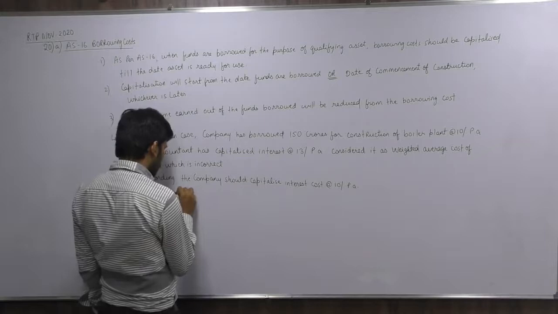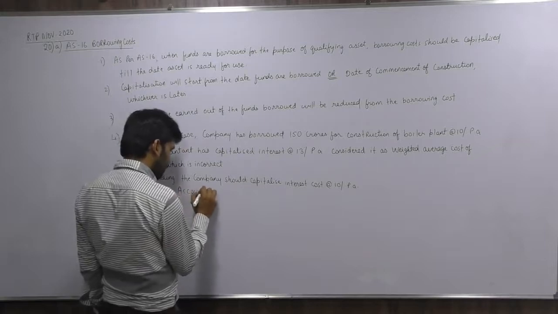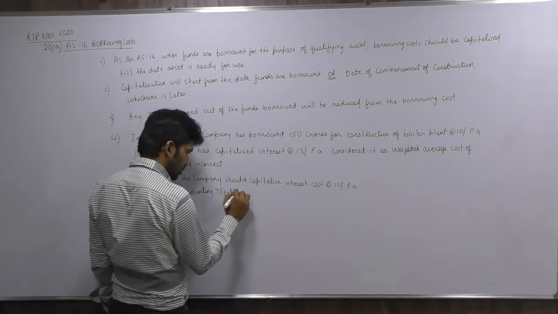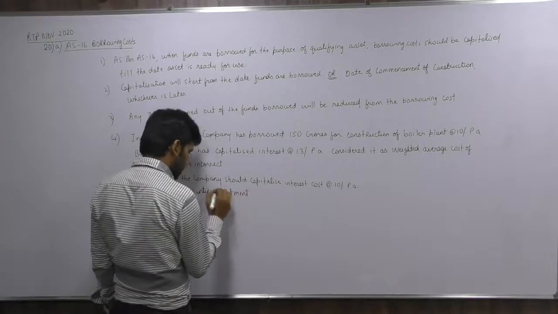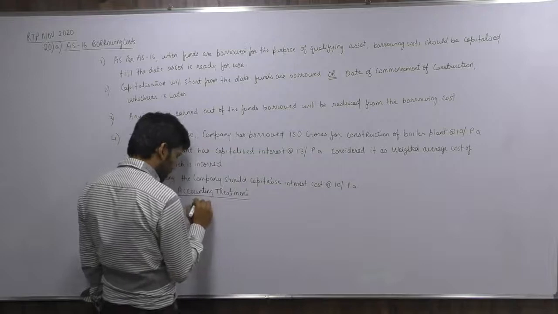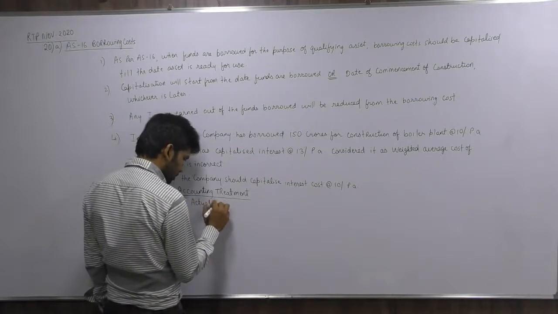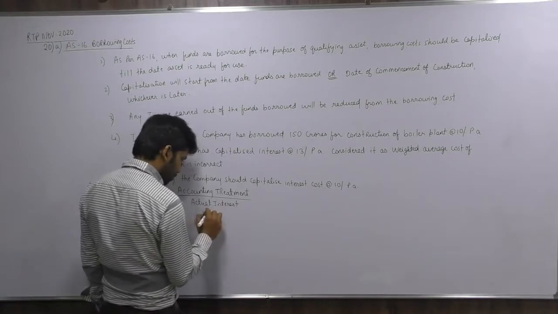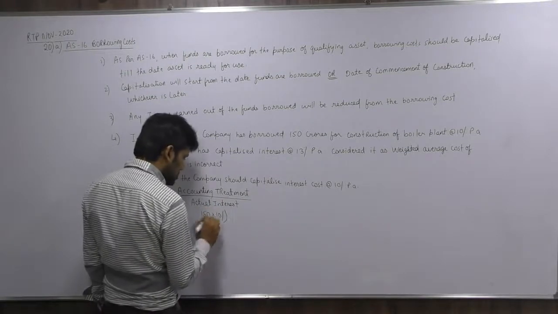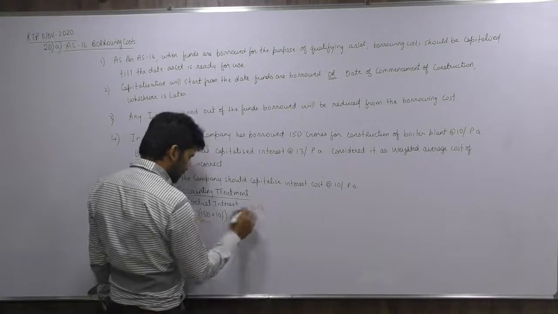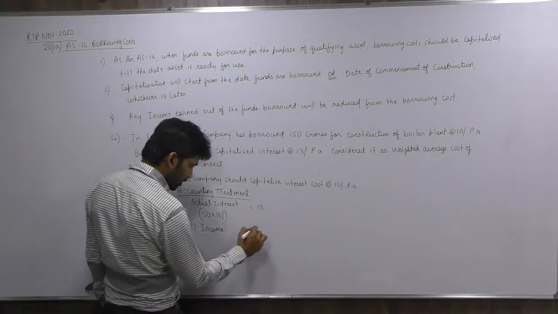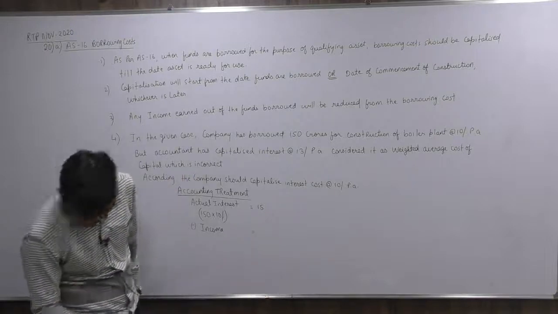So accounting treatment. Actual interest: this is 150 into 10%, this is 15, and less income. How much income he has earned? 1.5 crores.